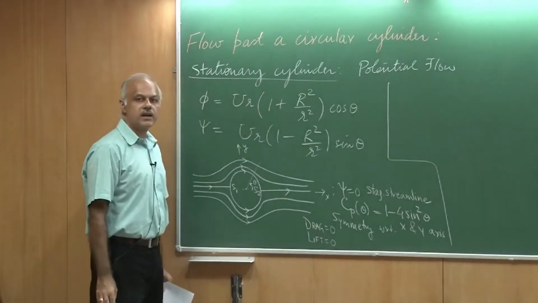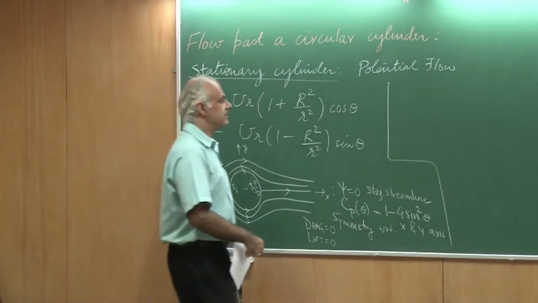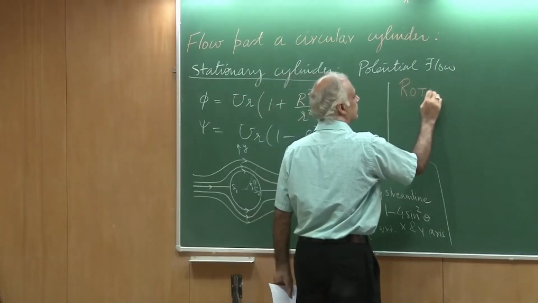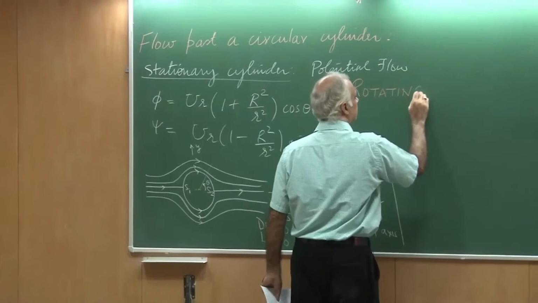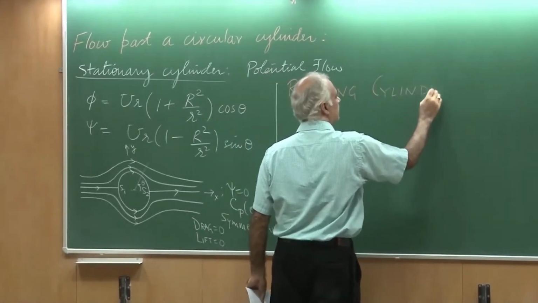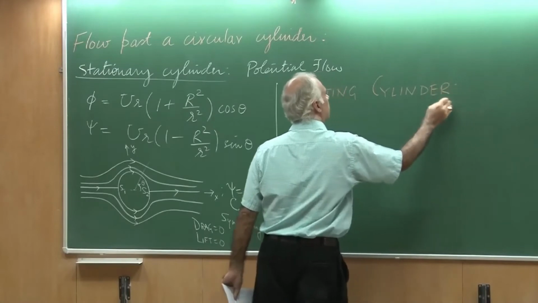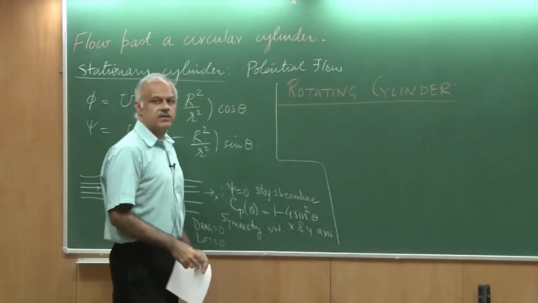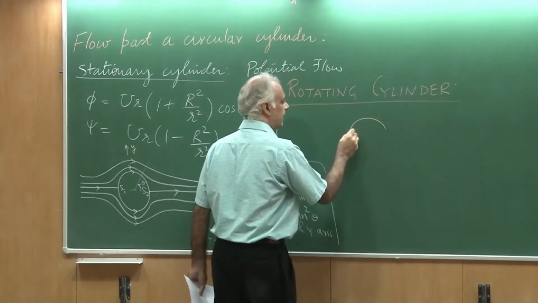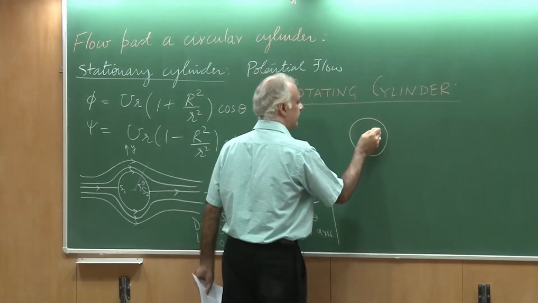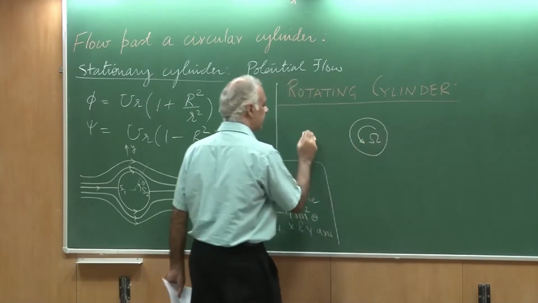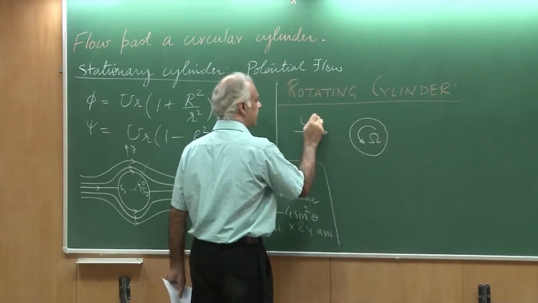Now we want to model a rotating cylinder. So the flow that we want to look at is a cylinder which is rotating with a certain speed, let's say omega, and placed in a uniform flow.